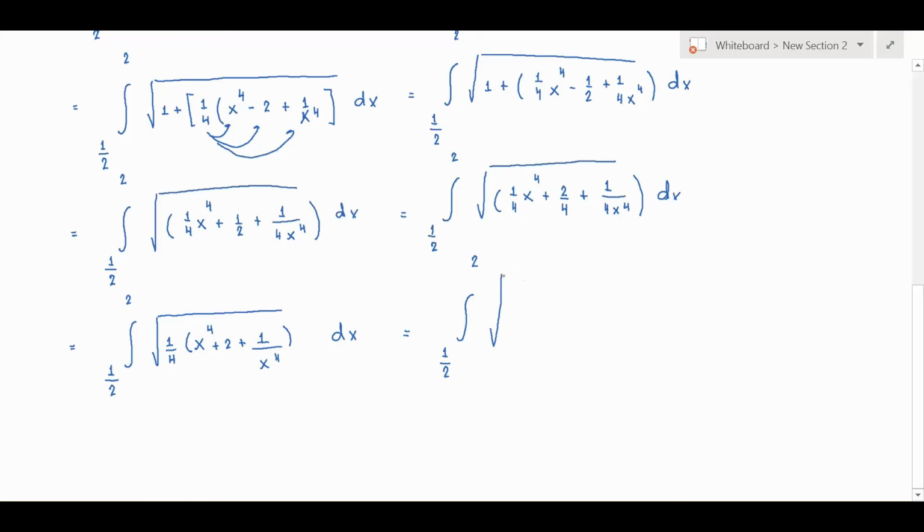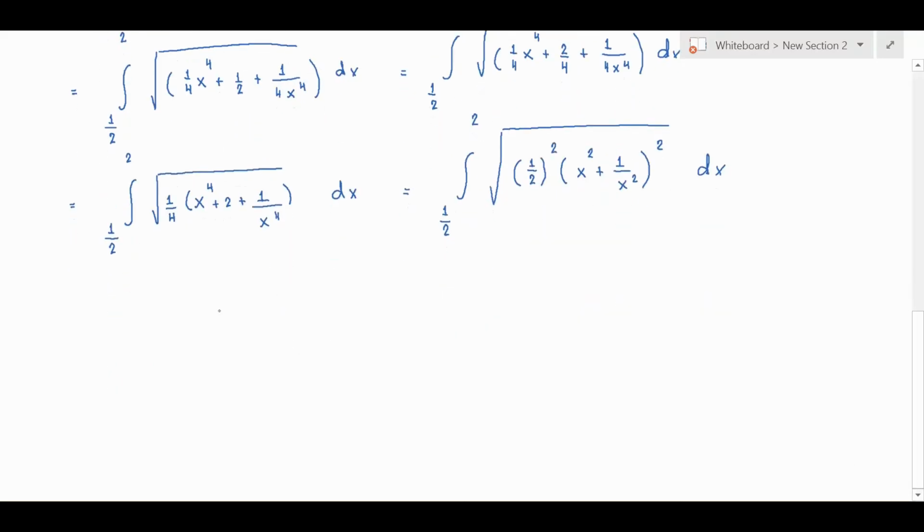Now, because I factored out the 1/4, this is equal to an integral from 1/2 to 2 of a square root. I need to take it out from the square root, so I'm going to rewrite it this way. 1/4 is 1/2 squared, and this is the same thing as x squared plus 1 over x squared, quantity squared, dx. So we're almost there. The hardest part here is to take it out from the radical and simplify it.